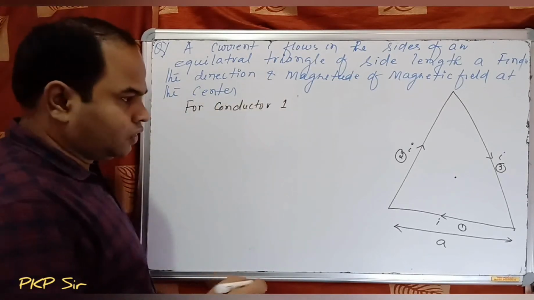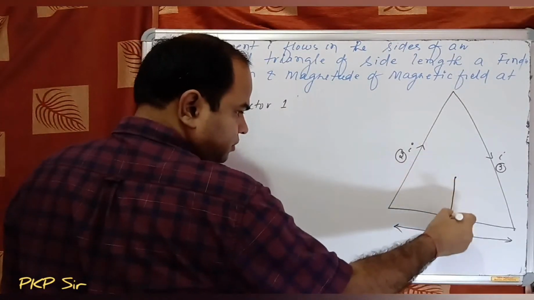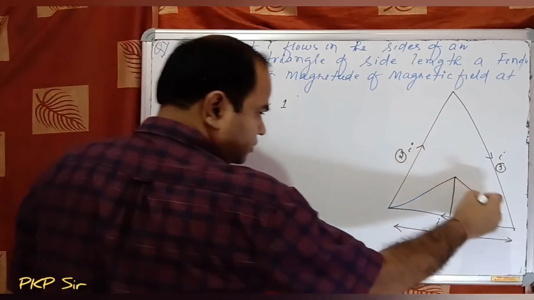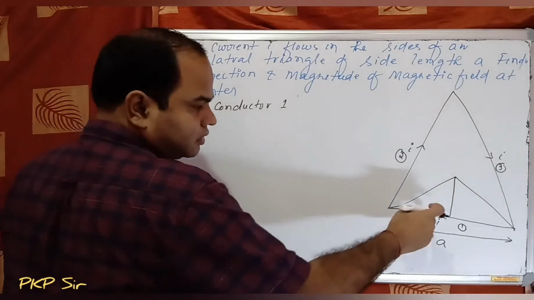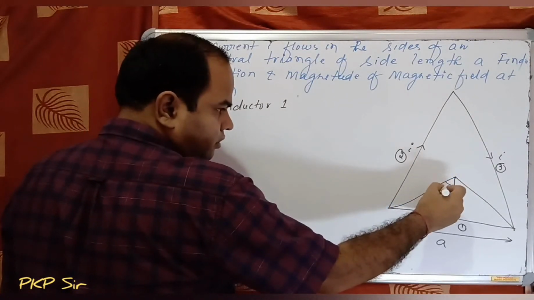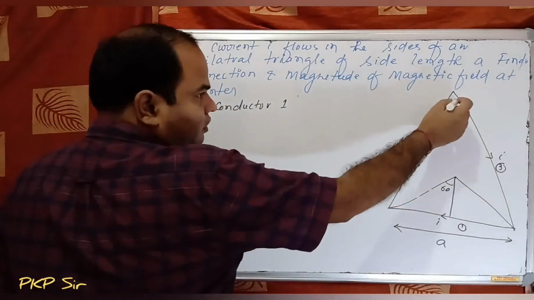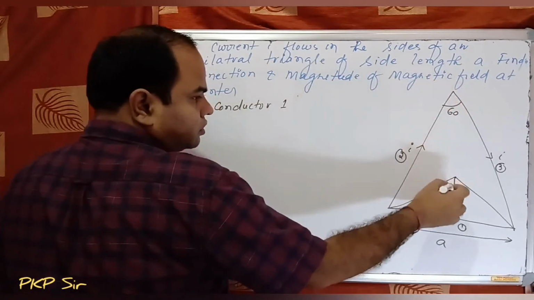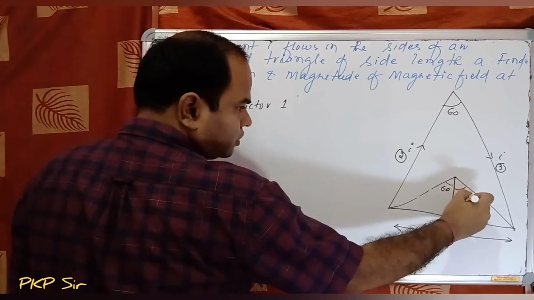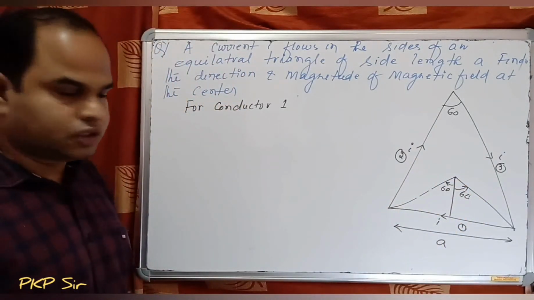If this angle is 60, the total angle is 120, so this is 60 and this is 60, so that means alpha 1 and alpha 2 are equal to 60 degrees.